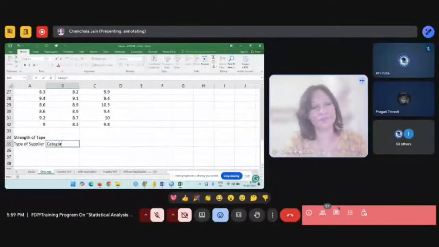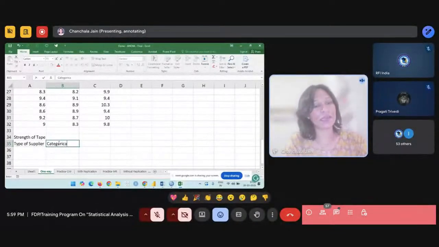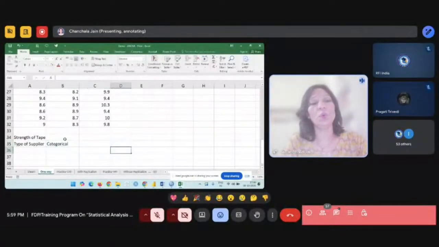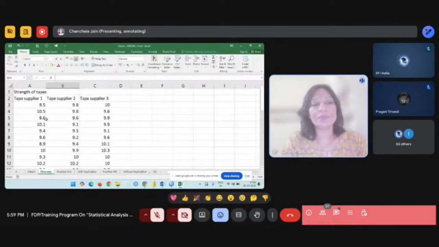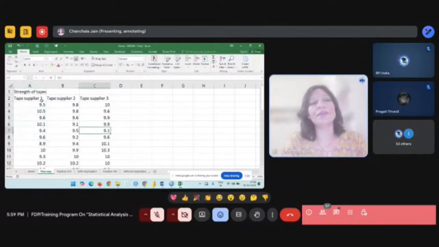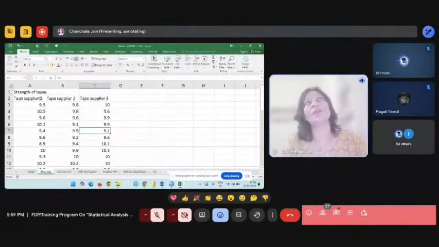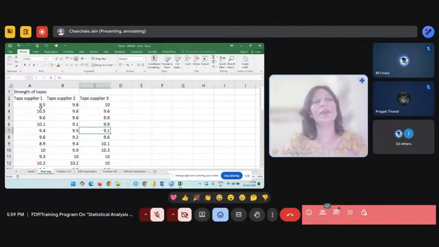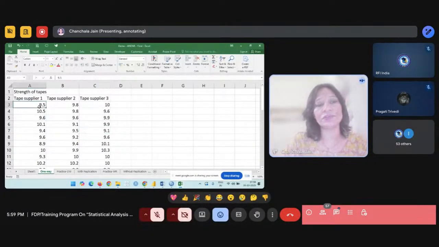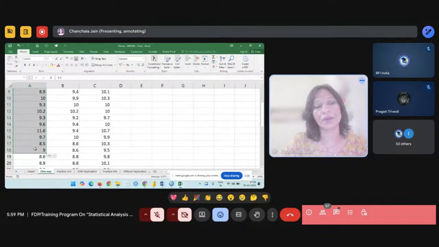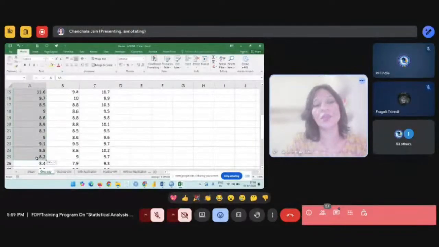Very good. It is an independent categorical variable. Very correct. Thank you. The strength of the tape is nothing but these values which are given. Whatever tapes we have received from supplier one, we have measured their strength, and these are the strengths mentioned here. All these are the strengths and nothing else. So what is the scale of this?